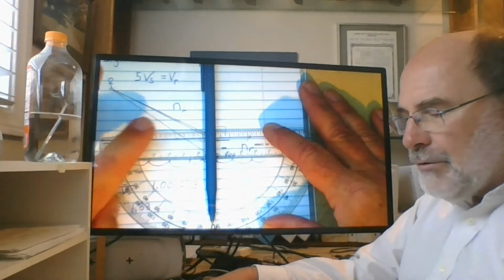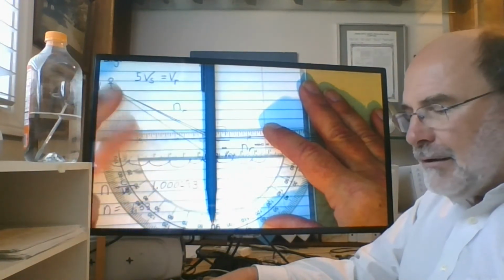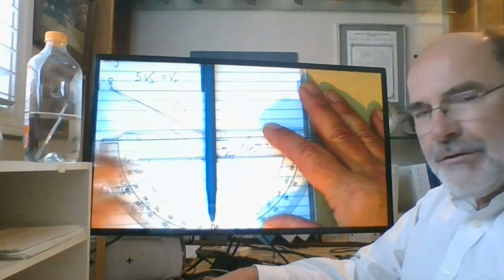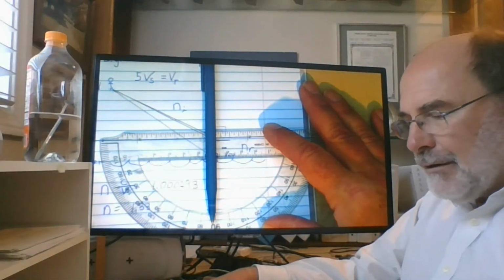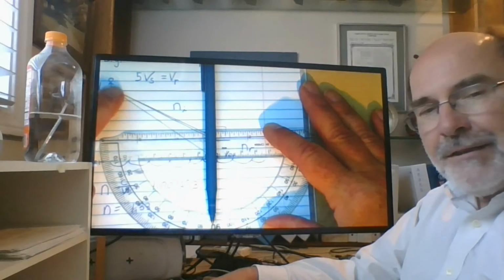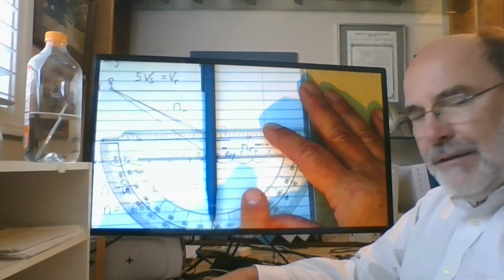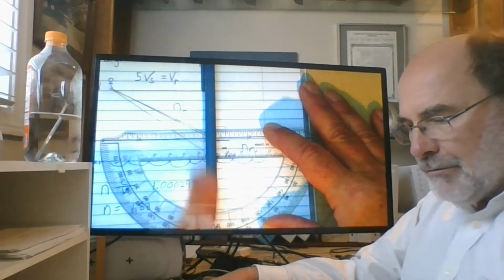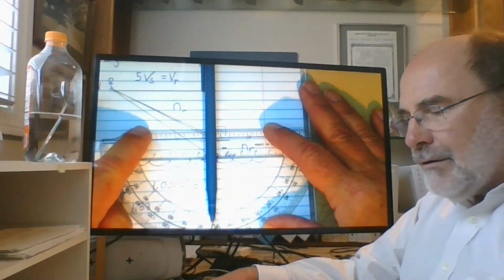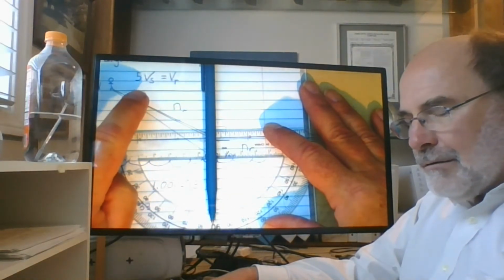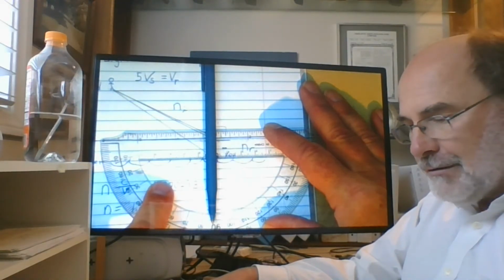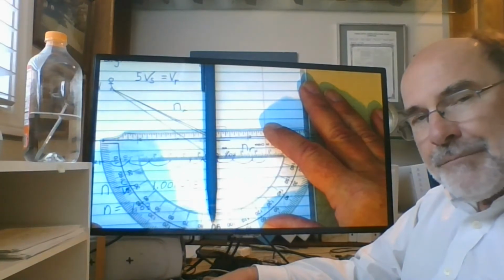When it goes from one material to another, it always crosses the normal. So here it's starting on the left and it's going to leave going off to the right. Always crosses the normal. When it goes from a lower index of refraction to a higher index of refraction, the angle always becomes smaller.